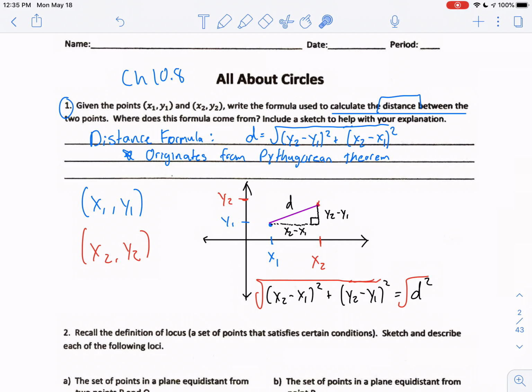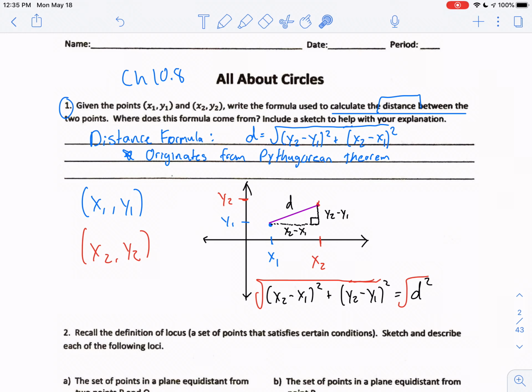From any line, you can always draw a right triangle to connect from one point to the other point. So this bottom distance is x2 minus x1, and the distance vertically is y2 minus y1.